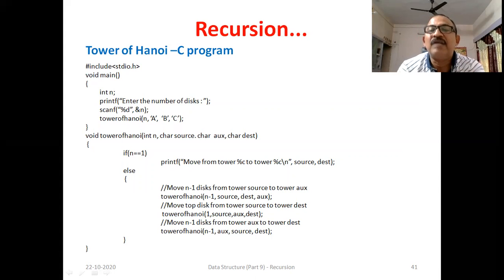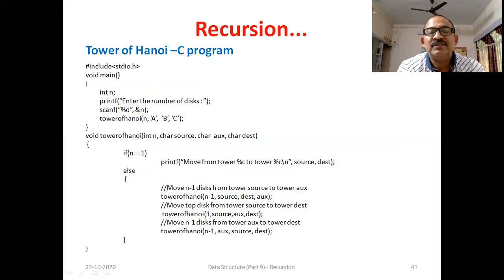But at this time, what is the destination? The destination is the auxiliary, and the actual destination is used as the intermediate. Is it clear? So here you can see the parameters are source, destination, and auxiliary, not source, auxiliary, and destination. Is it clear or not?